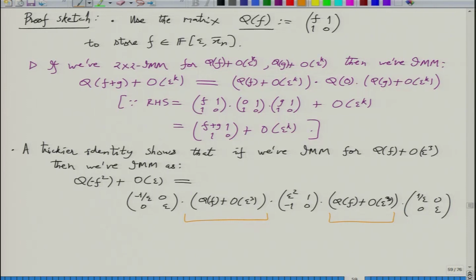So we will be multiplying these two, but we have to use 3 other matrices, where some entries will be multiplied by epsilon, and some entries will be scaled down by 1 over epsilon. Okay, so this scaling up and scaling down in the appropriate places will lead to Q of minus f square with error epsilon.